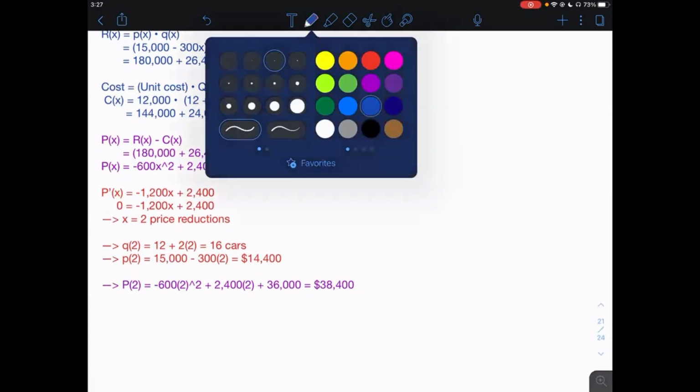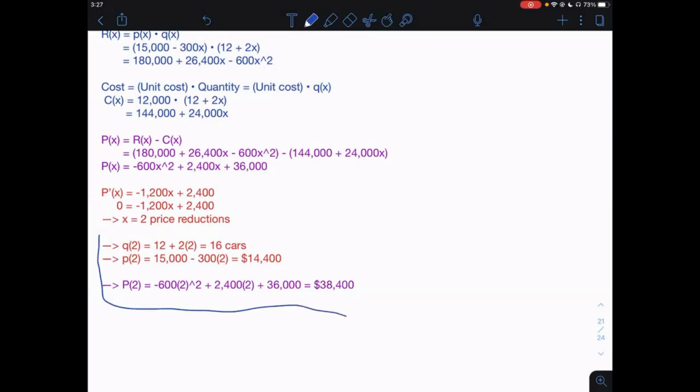Okay. So to maximize our profit, we should make 2 price reductions, which means we're going to set the price of each car at $14,400, which is going to allow us to sell 16 cars per day to give us a maximum profit of $38,400 per day.